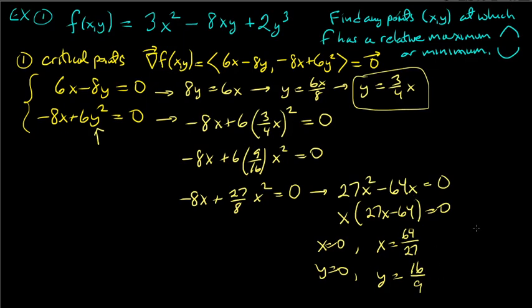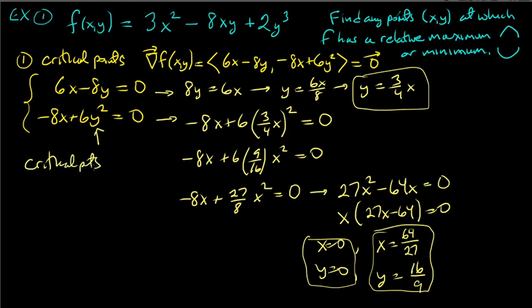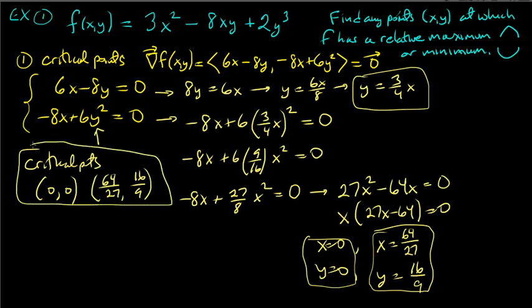So I hope that's it. So yes, we get 2 critical points here. Right. 0, 0, and 64/27, 16/9. Right, I never said they have to be nice numbers. They don't have to be nice numbers here.